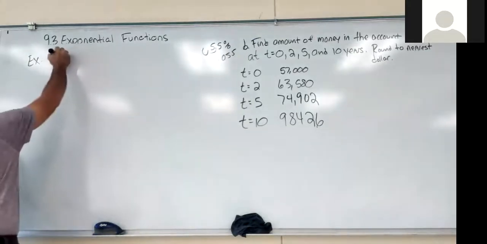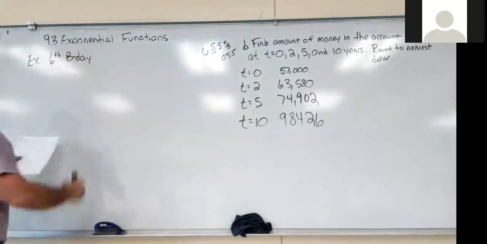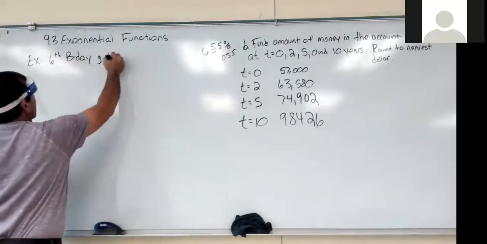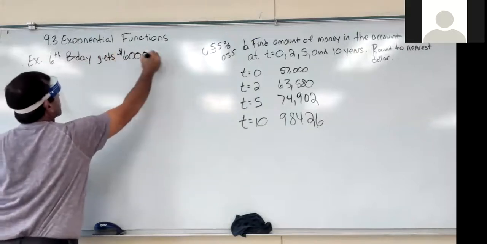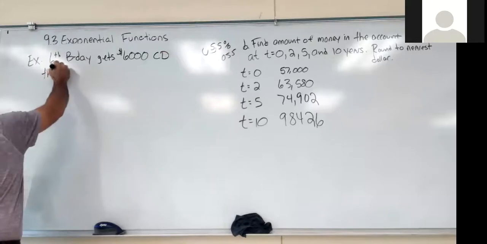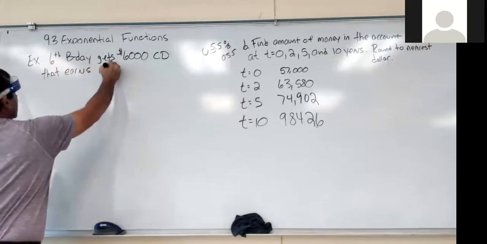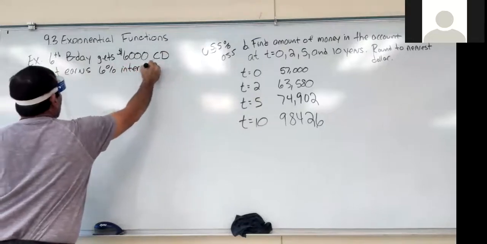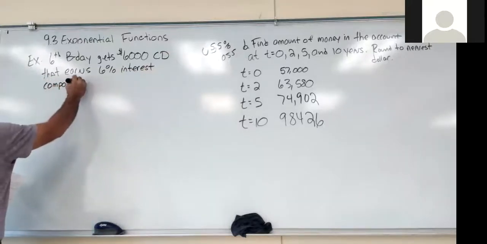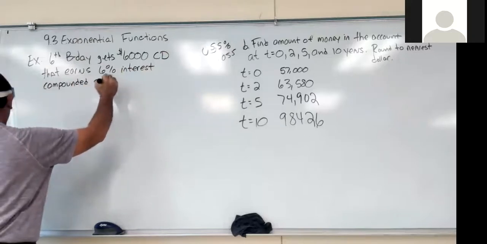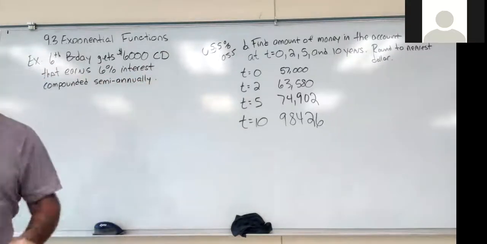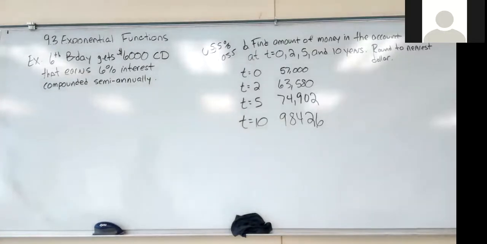On her 6th birthday, Melissa got a $6,000 CD that earns 6% interest, compounded semi-annually. So if it matures on her 16th birthday, how much money is available?